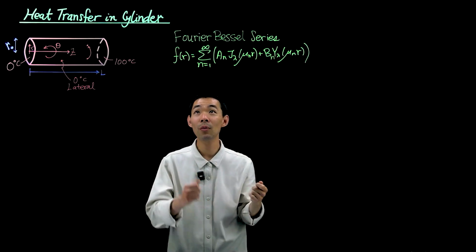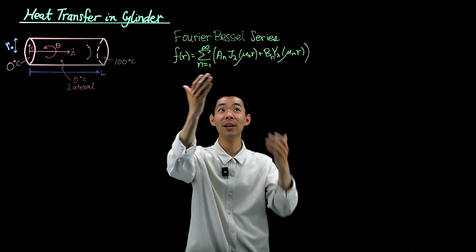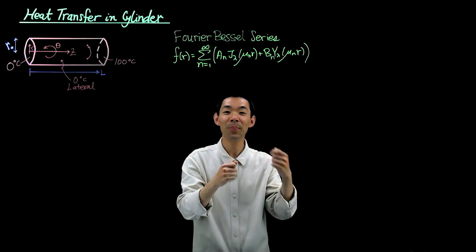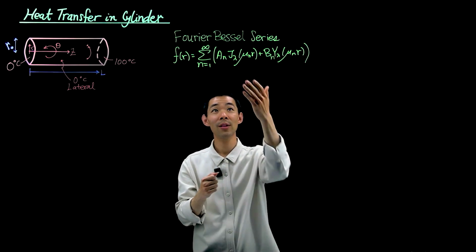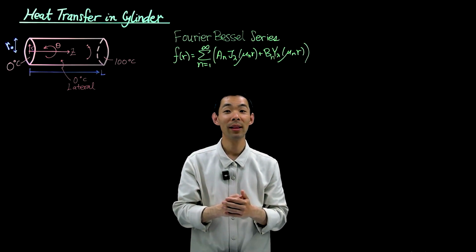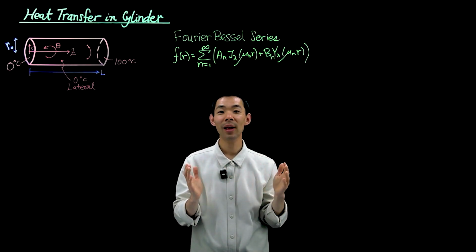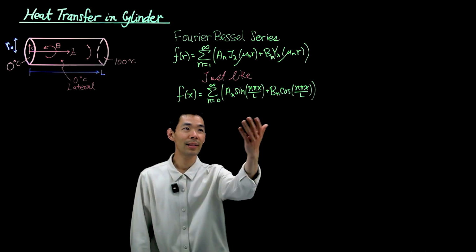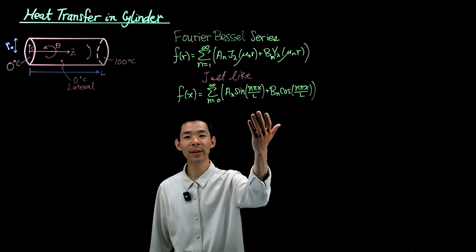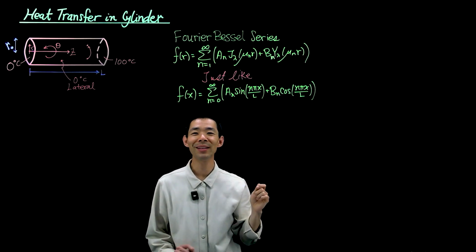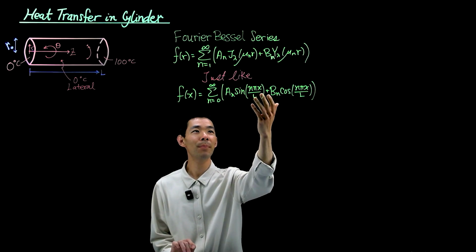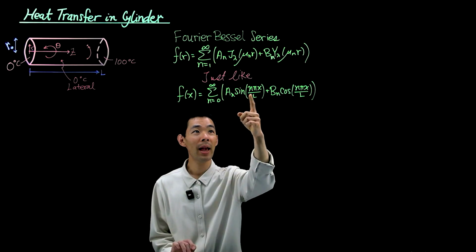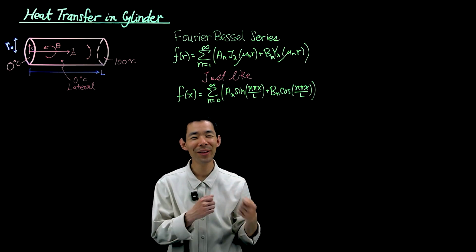All we have to do is express a function using a sum of a bunch of Bessel's functions, J lambda and Y lambda, just like sines and cosines. You're familiar with this because we've already done this many times. In sine n pi x over L, n pi over L are generally the eigenvalues.